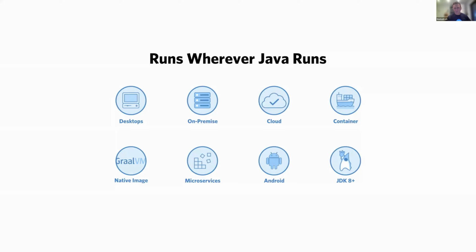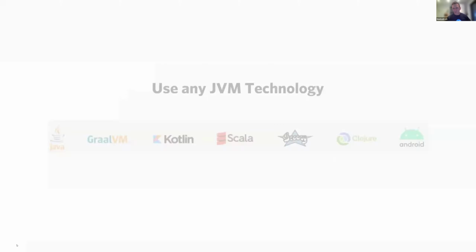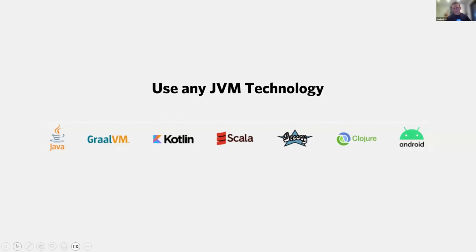You can even run EclipseStore with GraalVM native images. This will work. And we also have an implementation for Android. So if you're interested in building mobile apps with Android, there is an implementation, and it's the same functionality. It's pretty much the same framework. It also runs with other JVM languages like Kotlin.